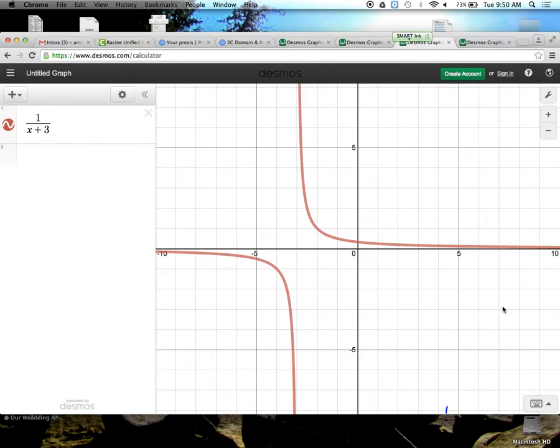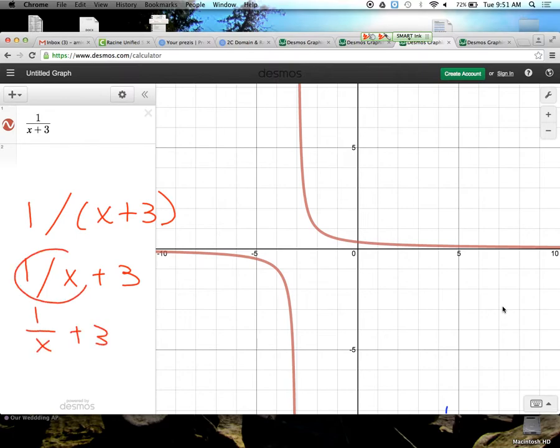So again, when you're dividing on your graphing calculator, you got to put parentheses around this. If you don't do it like 1 divided by x plus 3, if you just go like this, I'm sorry, that's an x. Let's say you do it like this, then it's going to do 1 over x, plus 3, because it's going to divide first, right? Because we know order of operations. So that's why you have to have those parentheses so your calculator knows I'm dividing by that whole chunk.